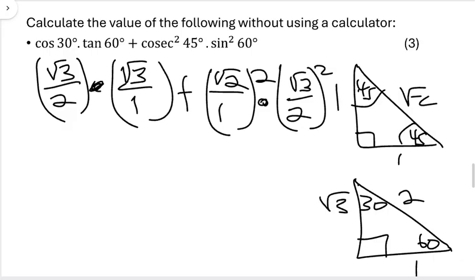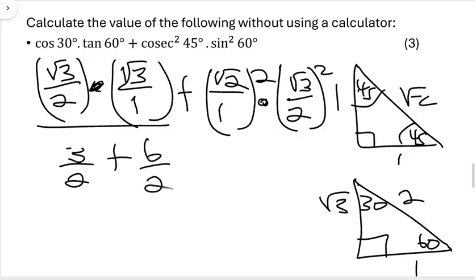For these two, I will get 3 over 2 plus that side, I will get 6 over 2, which means that I will end up with, I will not simplify this one because it's going to make my work easy if I don't simplify it.